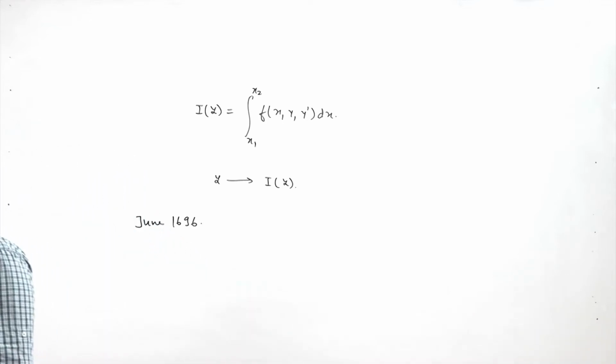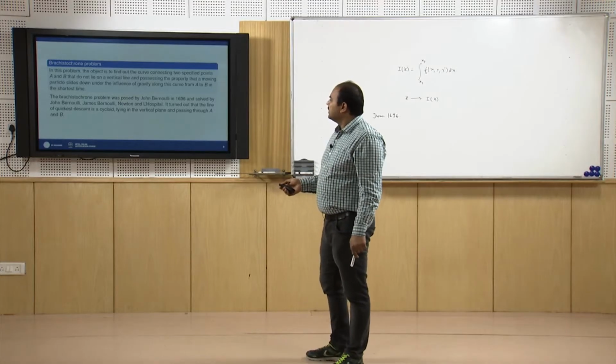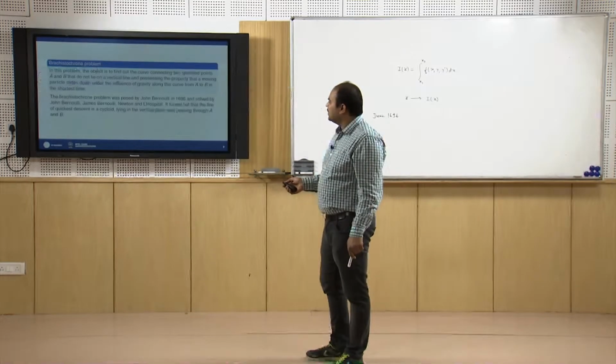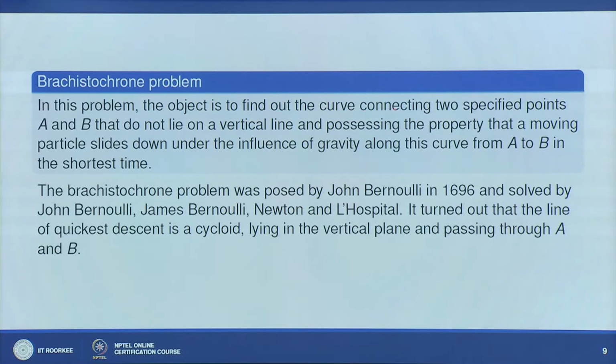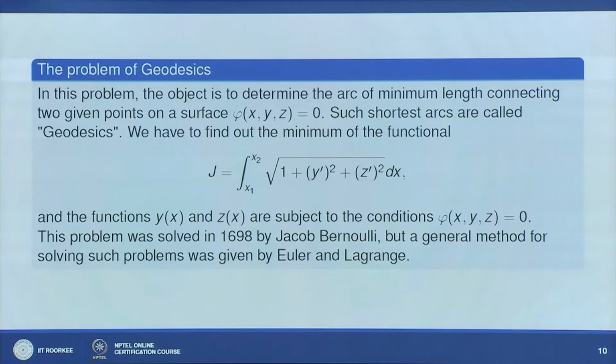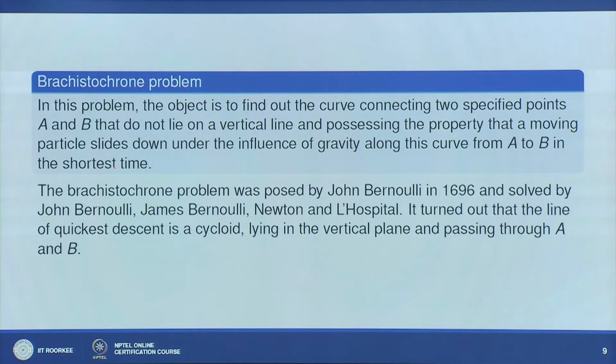The first problem which he discussed is this: the object is to find the curve connecting two specified points A and B that do not lie on a vertical line, and possessing the property that a moving particle slides down under the influence of gravity, with no friction along this curve from A to B, in the shortest time.